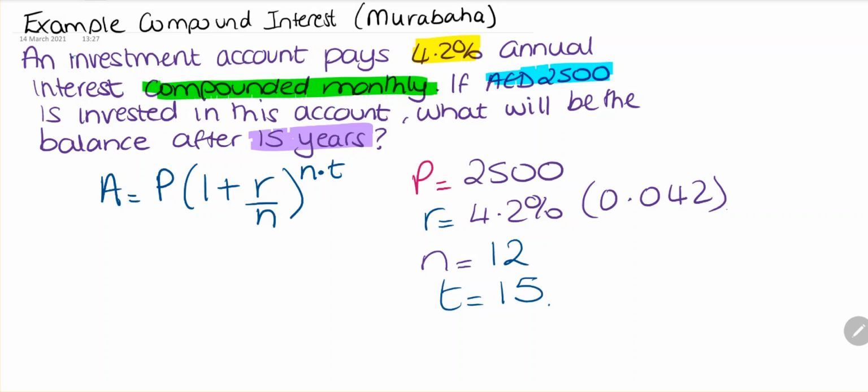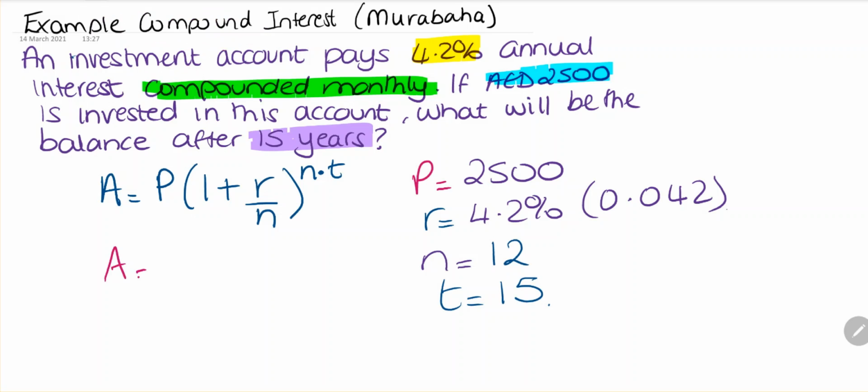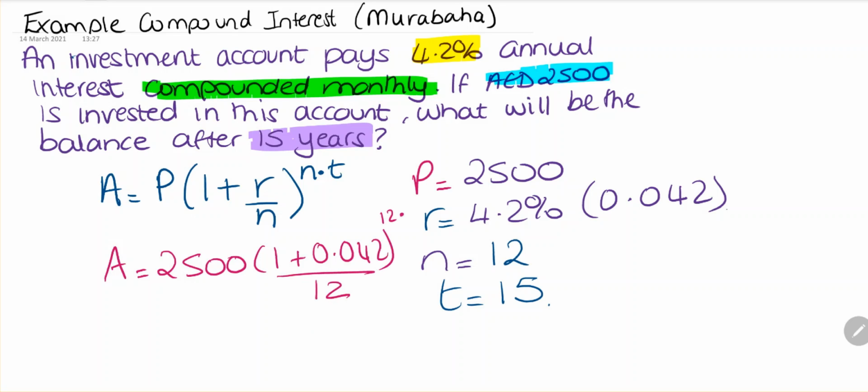So we just need to substitute in everything we know. So we've got A is equal to 2,500 times 1 plus 0.042 divided by the number of months, which is 12, to the power of 12 times 15, 12 months times 15 years. And we can put that into the calculator and work this out.